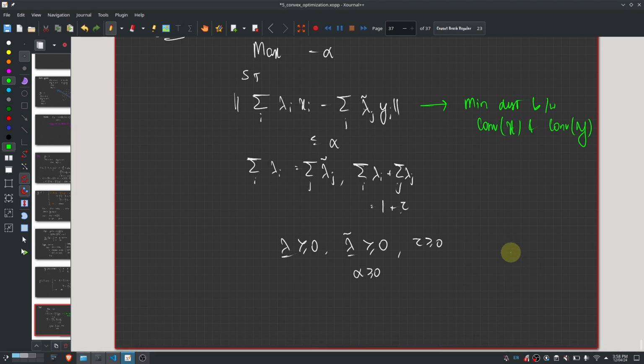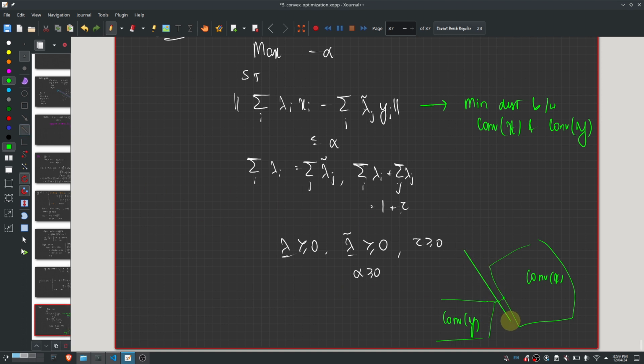So geometrically, I have this convex hull of x and some other set, which is the convex hull of y. The two minimum distance points would maybe be these two points, and the line joining these two is this.